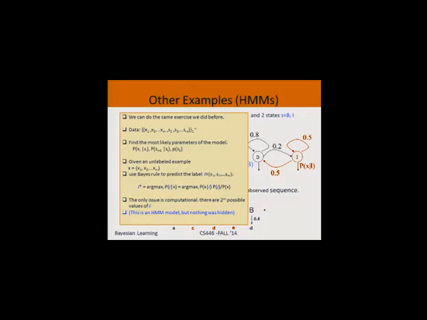We observe the x's and we observe the states. And our goal is to find the most likely parameters of the model, because eventually I want to be able, given an unlabeled example, which is going to be just the characters that I've emitted, to predict the states.